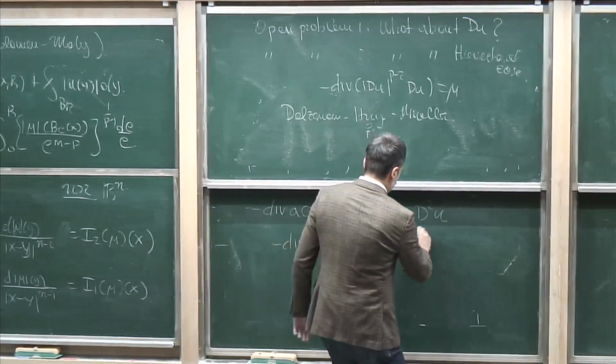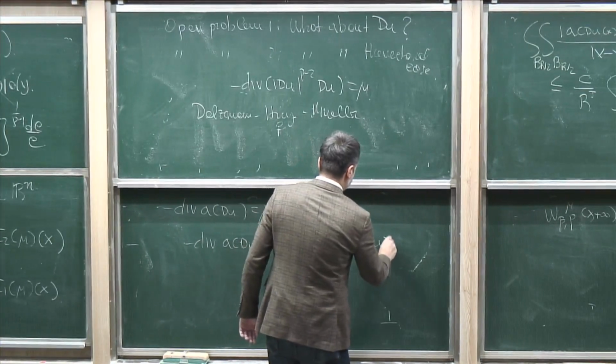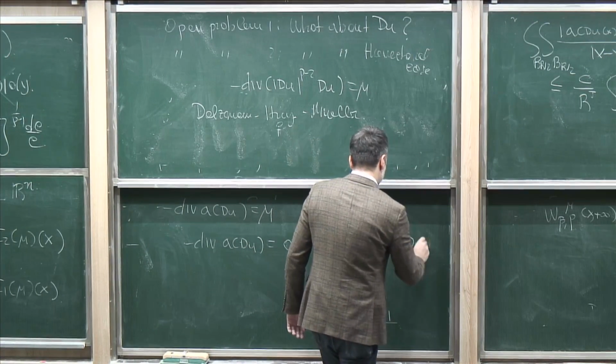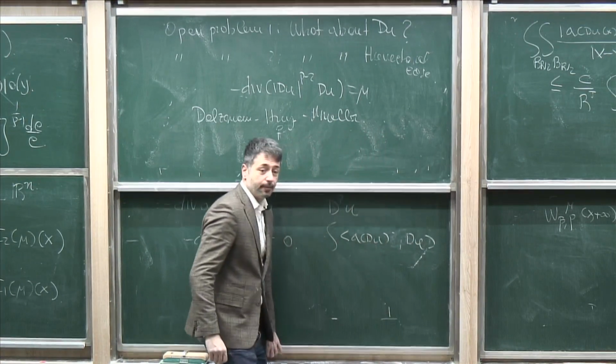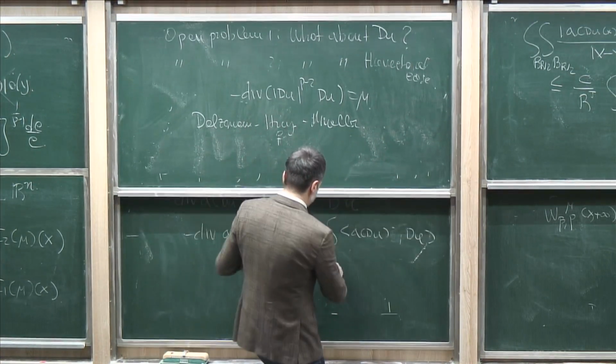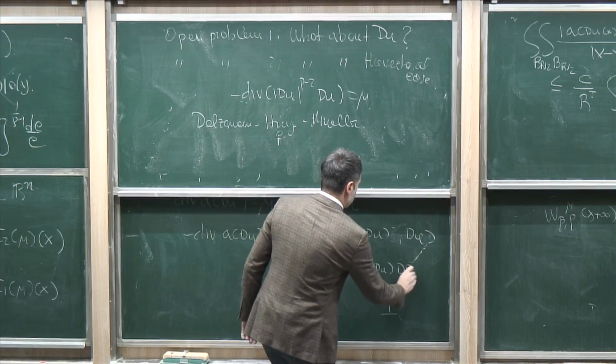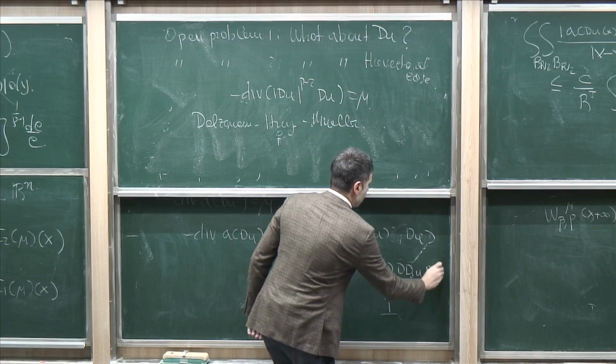Then the equation in the weak form is the following one. You differentiate it. When you differentiate it, this becomes first derivatives of the u, the s u d phi for every s.